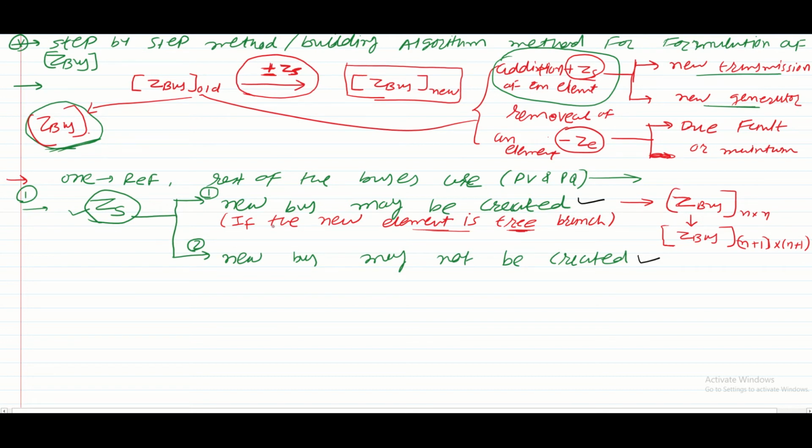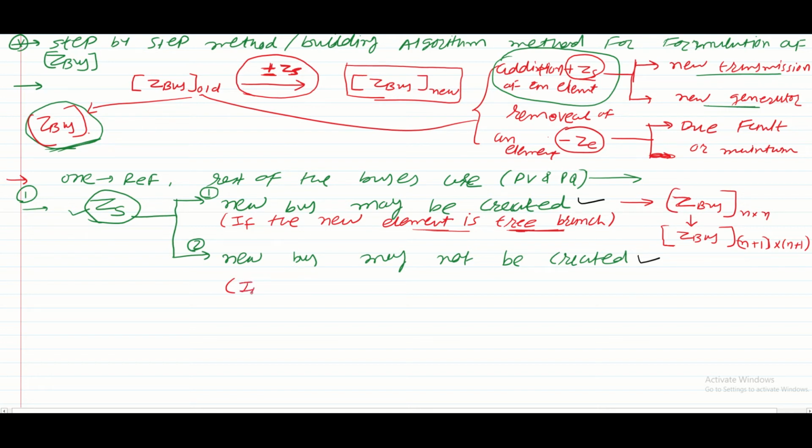So for now, keep in mind that if the new element added is a tree branch, then there are chances of a new bus being created in the network. Clear? Now, next, the second possibility: a new bus may not be created.